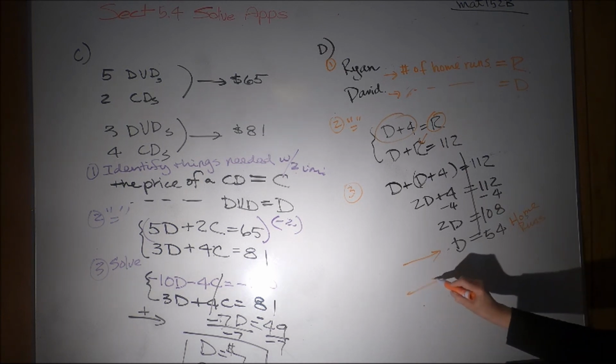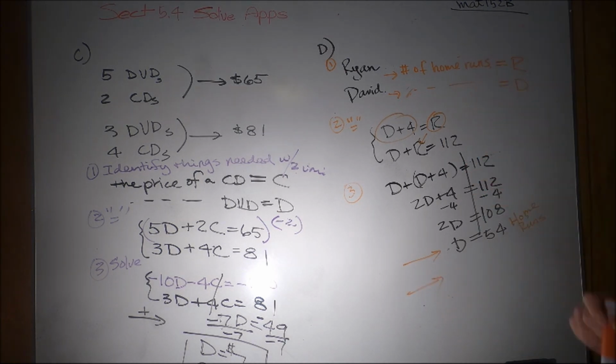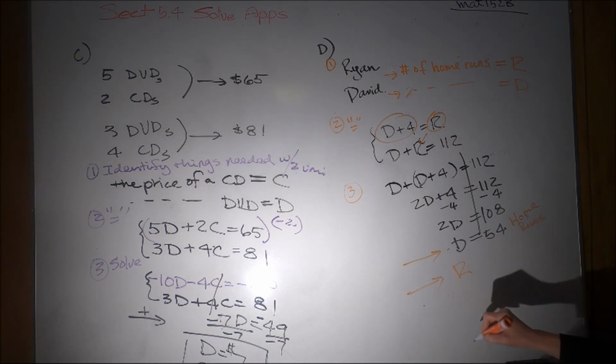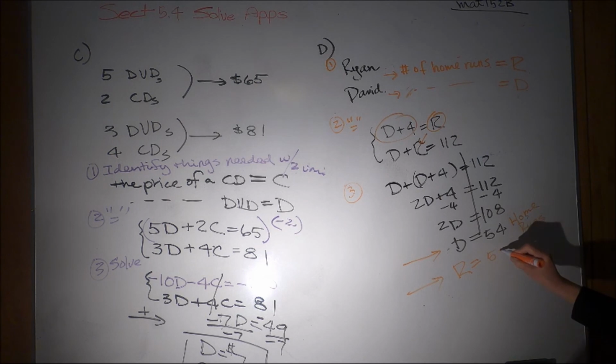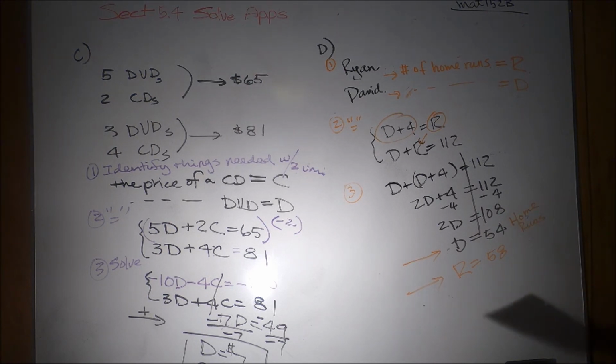If so, then what's the home runs for Ryan? Ryan should be 4 more. So you plus 4, that will be 58 home runs. Total, you add them together to check, that will be 112 runs. Right?